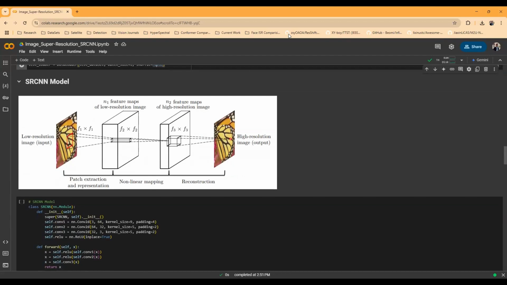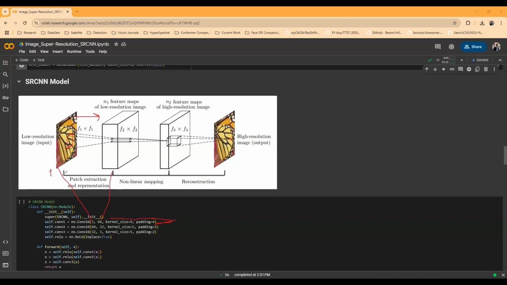Now, the model that we are trying to implement, let's just understand it. Input images are first fed into a first layer, and it uses a convolutional layer with padding 4, kernel size 9, input channel 3, and output channel 64.